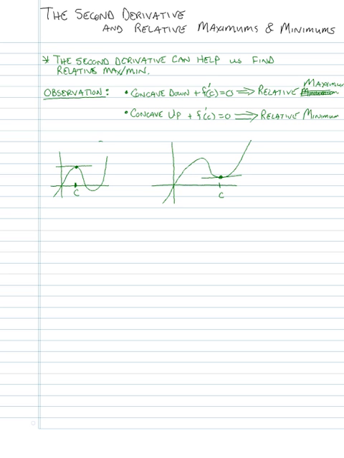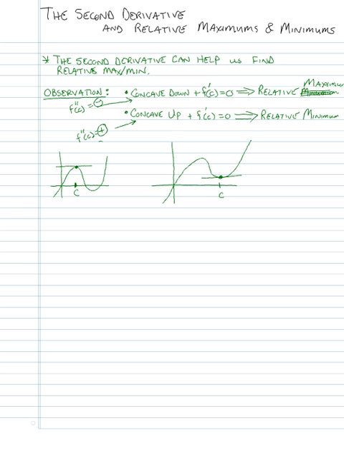Now, let's make another couple of observations. Concave down means that at that particular critical number, the second derivative is what? If it's concave down, the second derivative is negative. And in this case, to be concave up, the second derivative at that C value has to be positive.